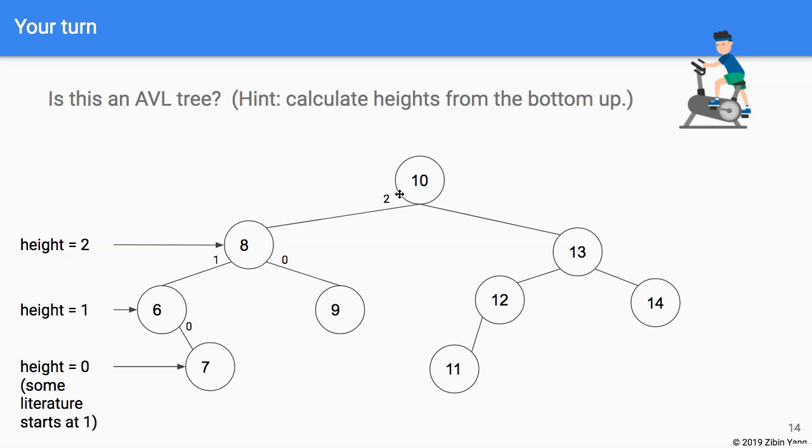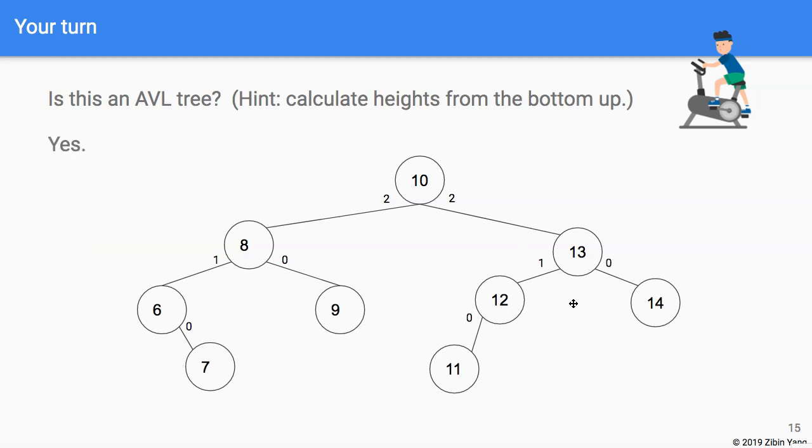We come up here, and the left subtree of 10 has height 2. We do the same thing on the right subtree, and it also has a height of 2. So yes, this is an AVL tree because both subtrees have exactly the same height.